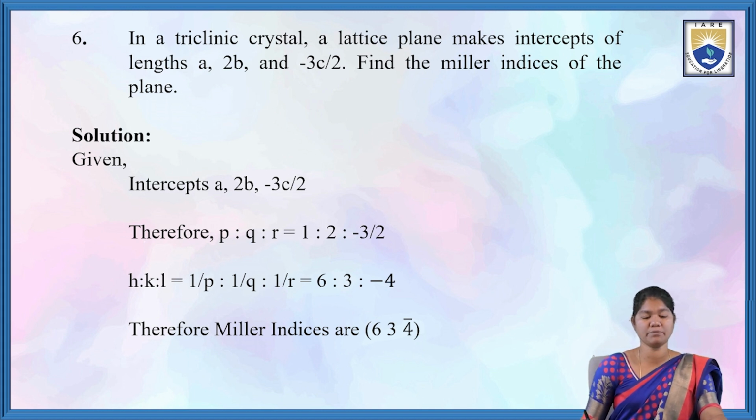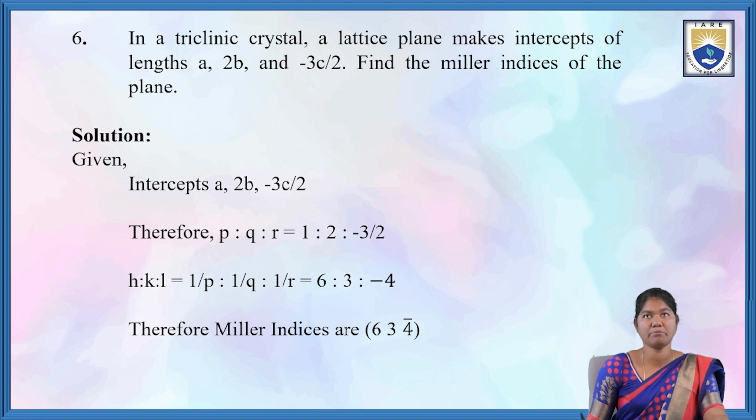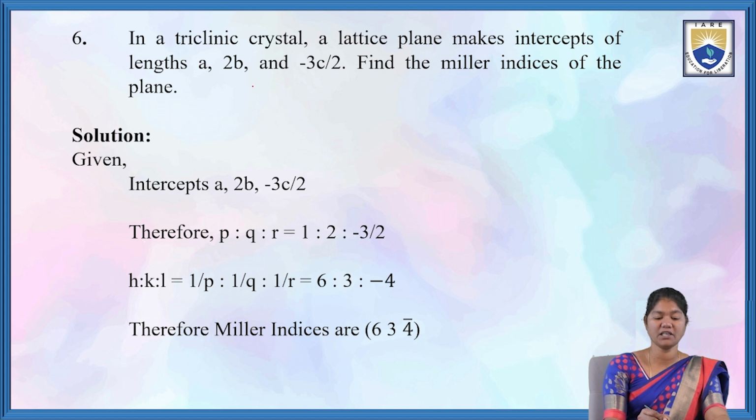So the next problem: in a triclinic crystal, a lattice plane makes intercepts of lengths a, 2b and minus 3c by 2. Find the Miller indices of the plane.